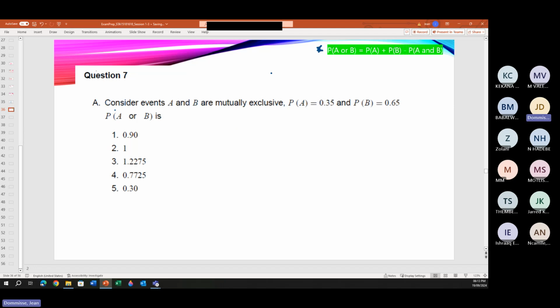So they're asking us to consider events A and B, which are mutually exclusive. And you need to work out what's the probability of A or B. Okay, so the probability of A or B, as we know from the formula, is probability of A plus probability of B minus the probability of the AND.